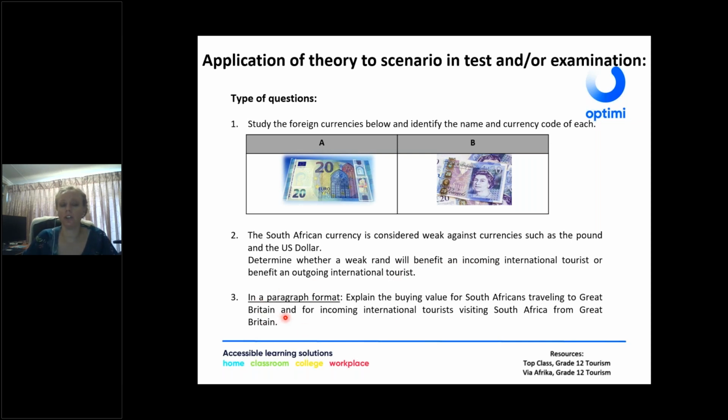Then I can also ask you a question like, in a paragraph format, explain the buying value of South Africans traveling to Great Britain and for incoming international tourists visiting South Africa from Great Britain. So that is the typical questions that they can ask you in a test or examination.